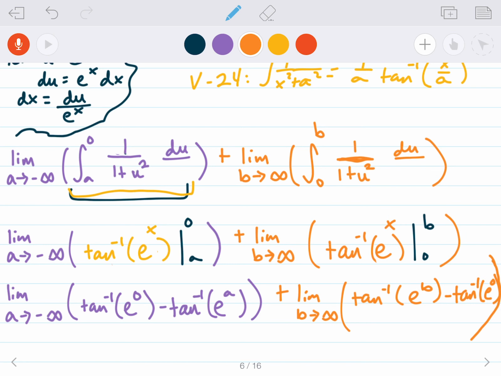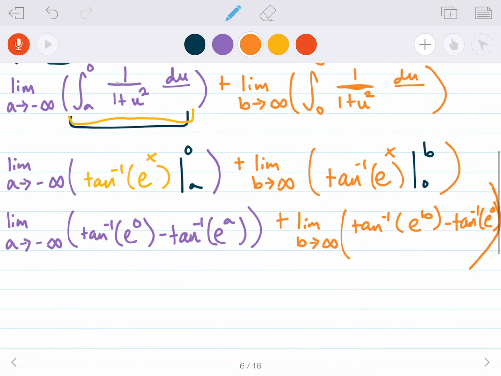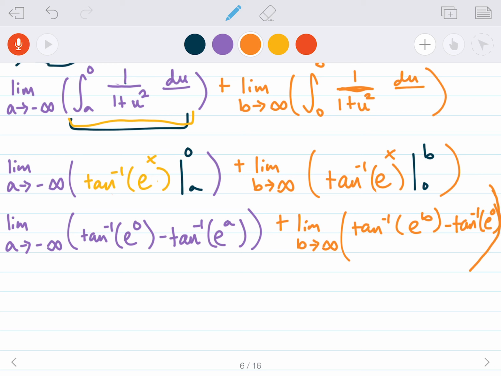Running out of room here, but let's go ahead and clean up the inside before we put our infinities in. So tan inverse of e to the 0, well, e to the 0 is the same thing as 1. And tan inverse of 1 is the angle that has a tangent of 1. That's pi over 4.